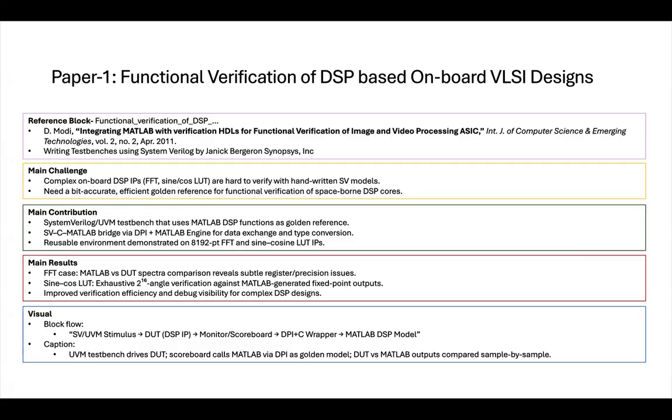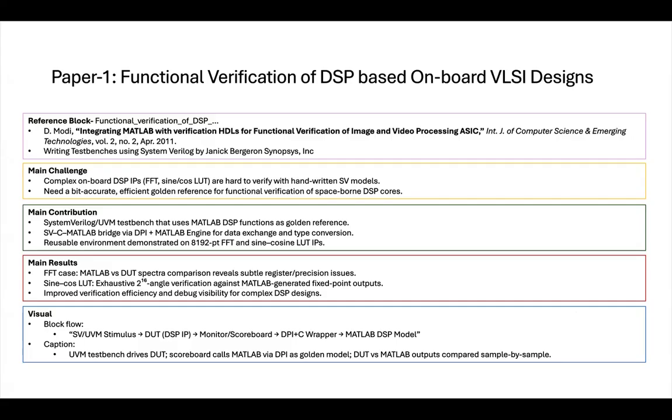When a transaction comes in, the scoreboard calls out through a DPI-C wrapper into MATLAB, passes the same inputs the DUT saw, and asks MATLAB to compute the correct result using its built-in FFT or sine cosine functions, including fixed point conversion. The MATLAB result comes back through the C layer, gets compared to the DUT output, and any mismatches are flagged.